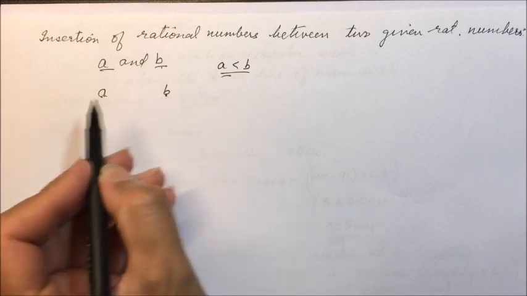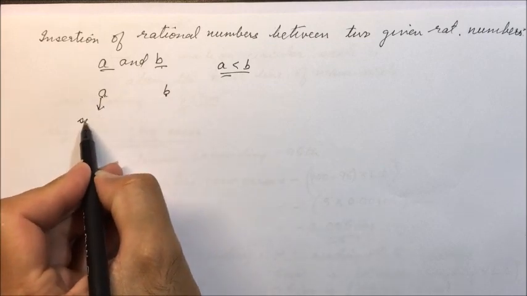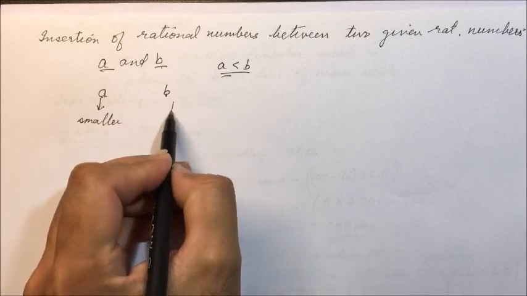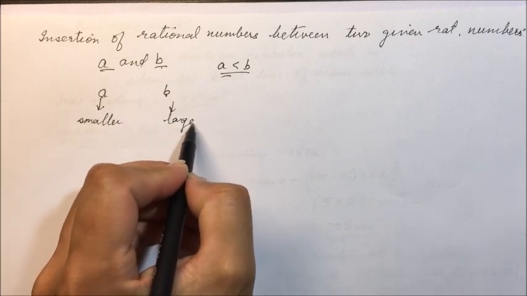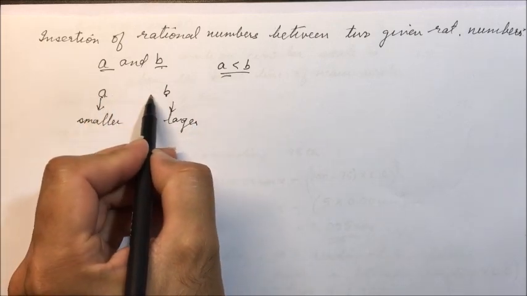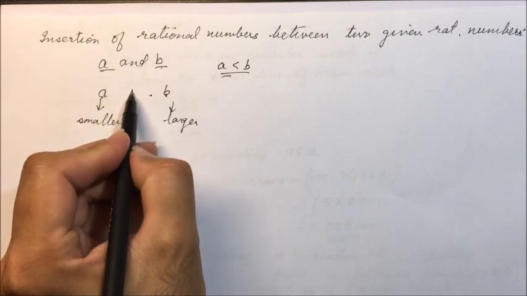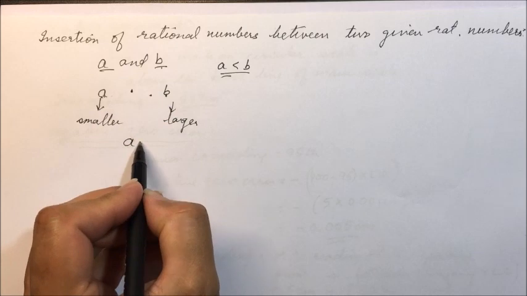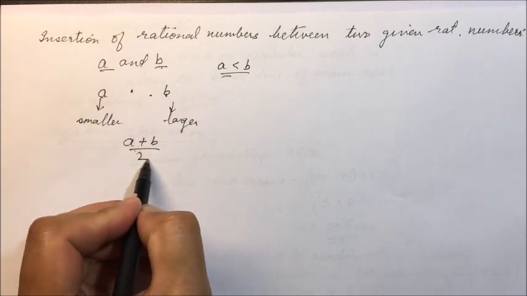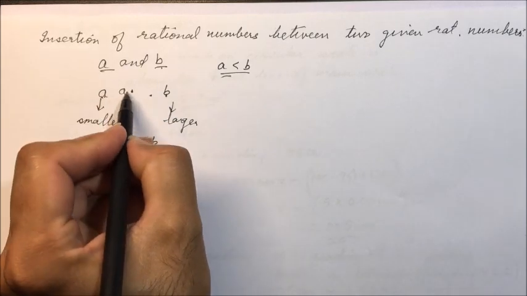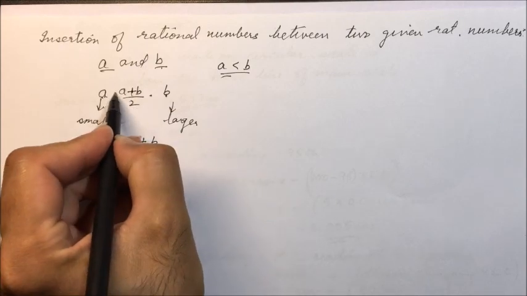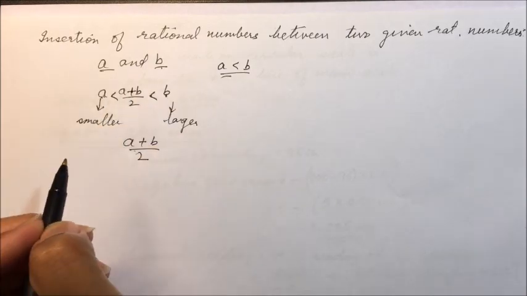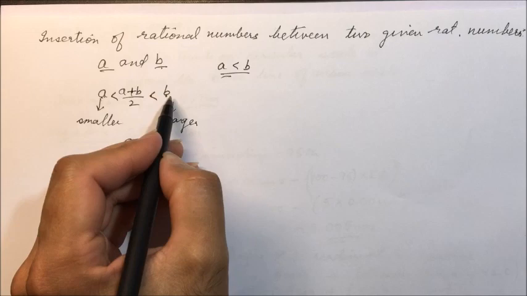This is the smaller number, this is the larger number, and we have to insert rational numbers between them. We can insert one rational number between them by taking the mean, or average, a plus b by 2. It will lie between these two numbers, and this is the relation between these three numbers.